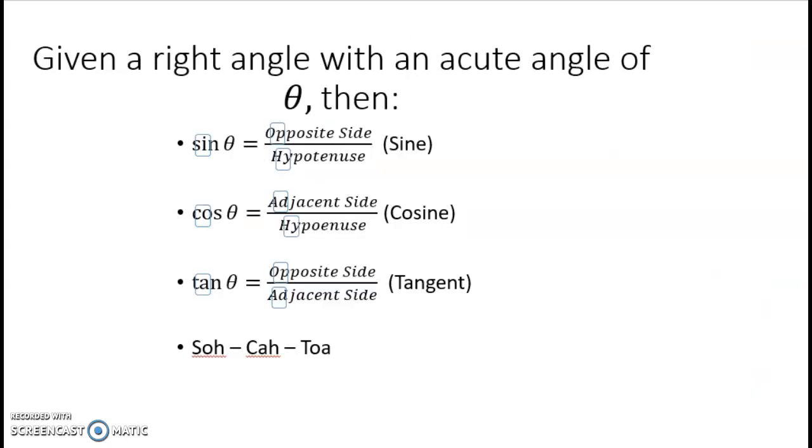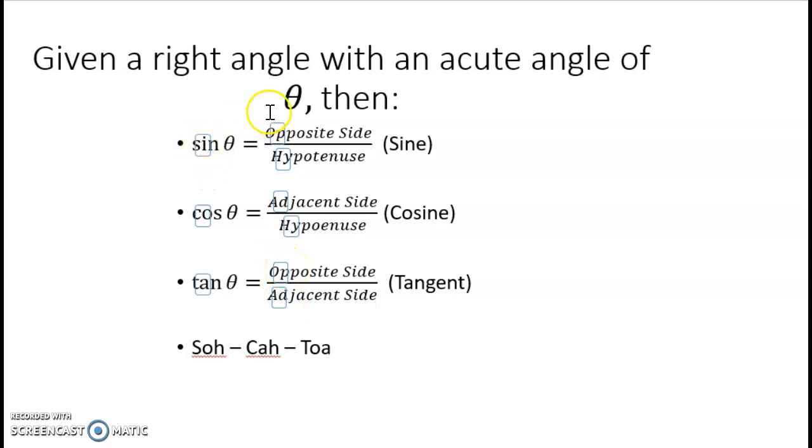Okay, so there are three of our trig functions: sine, cosine, and tangent. To remember what sine is, it is opposite over hypotenuse. Cosine is adjacent over hypotenuse, and tangent is opposite over adjacent.